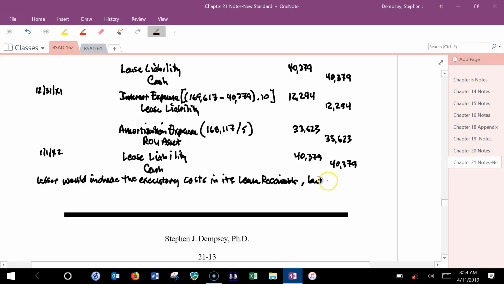But it would remove the present value of those executory costs from the determination of the gain or the gross profit that we had on the asset.